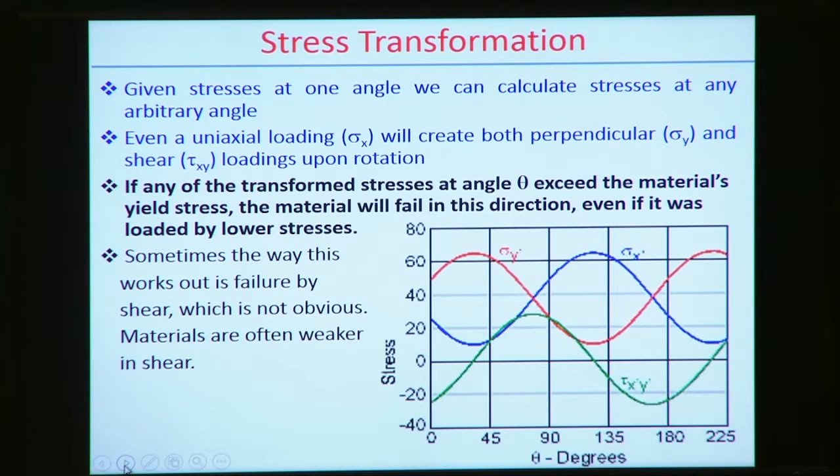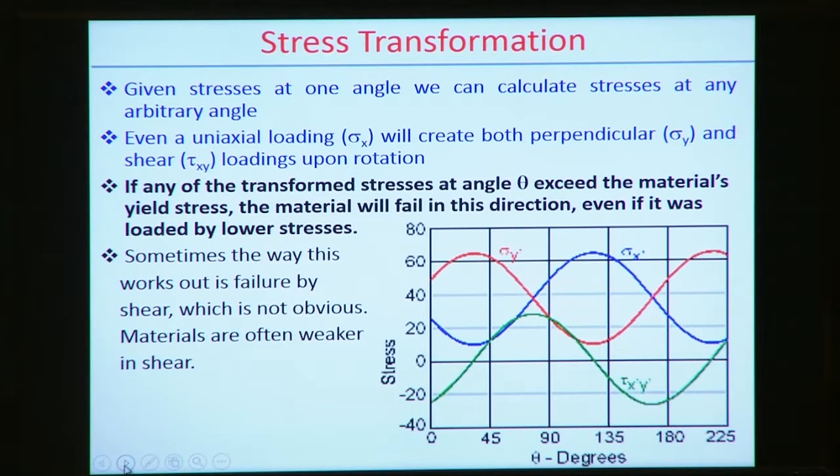Now if any of the transformed stresses at angle theta exceeds the material's yield point, then the metal will fail, even though it was loaded by lower stresses. So we need to analyze the variation of the stresses at different angles. Let us look at that figure.